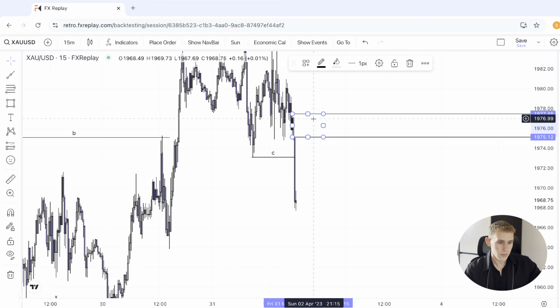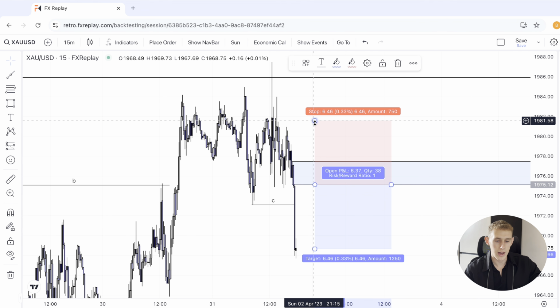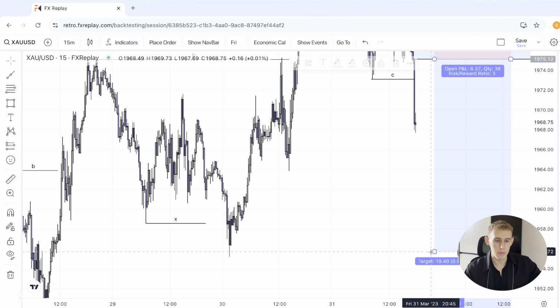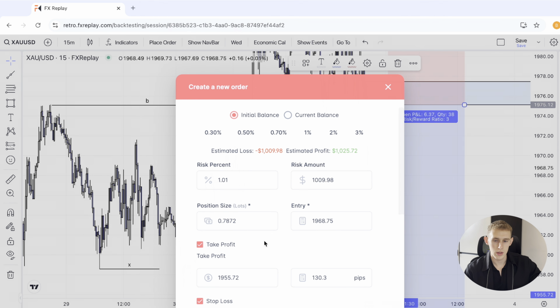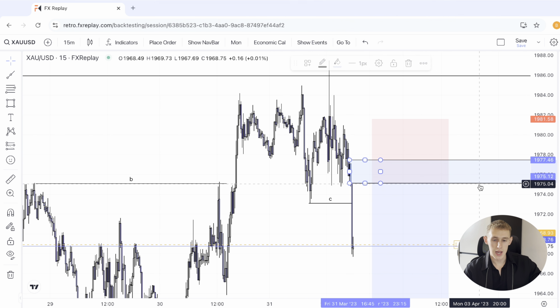And I'm going to set a limit on that actually. Stops just above that high, there's no need to have any higher than that. And again, 1 to 3, which aligns quite nicely with that previous low. Again, I keep doing market execution, but it's supposed to be a limit order.